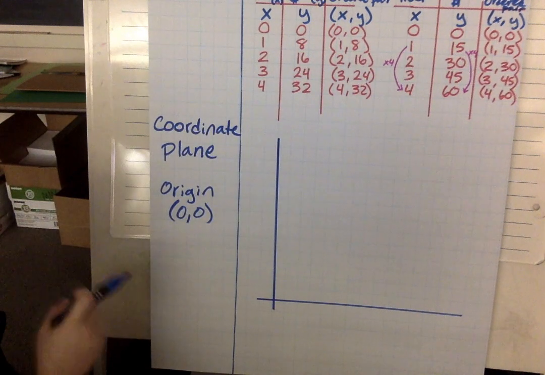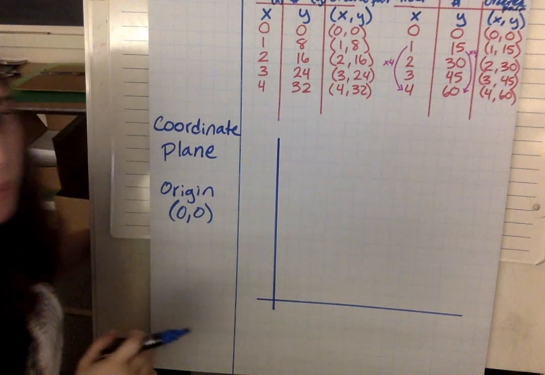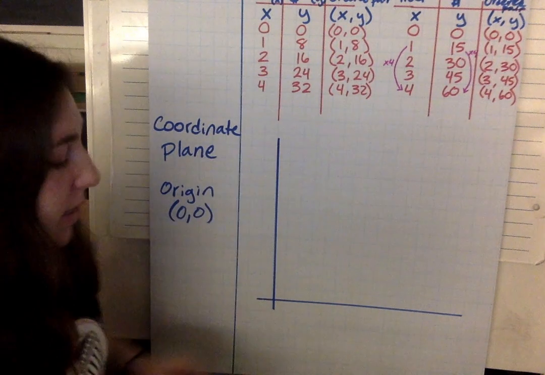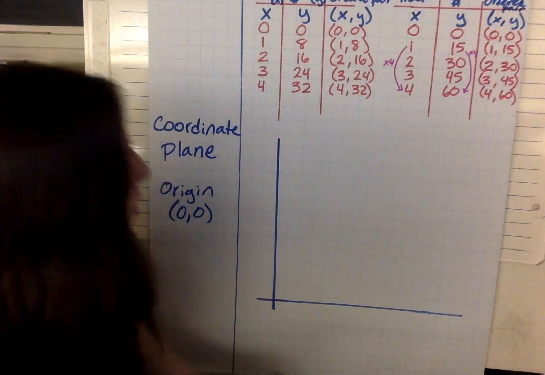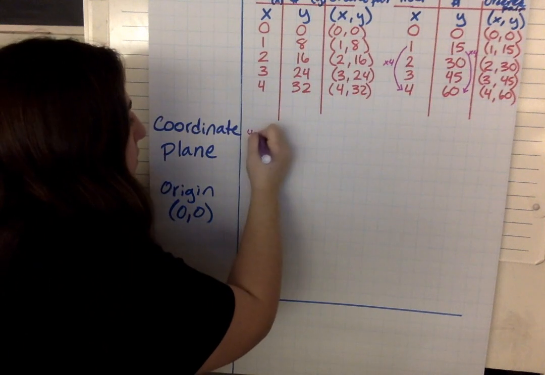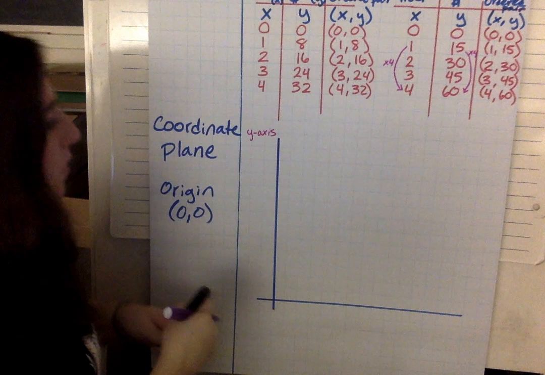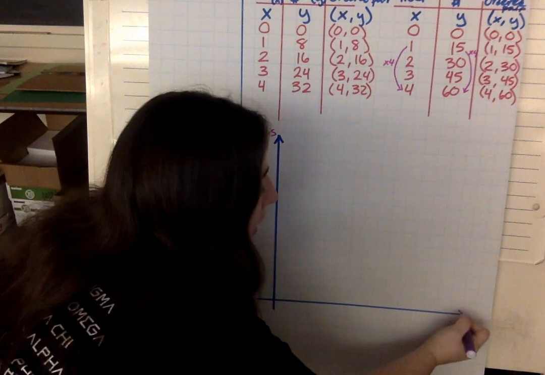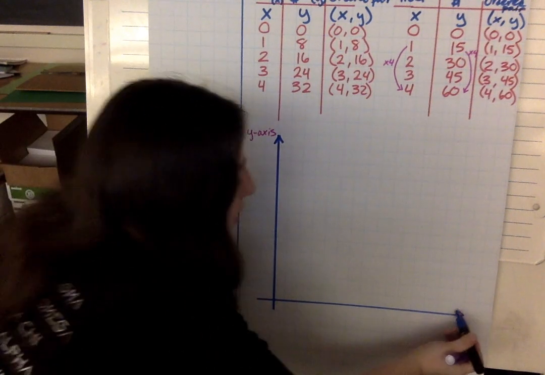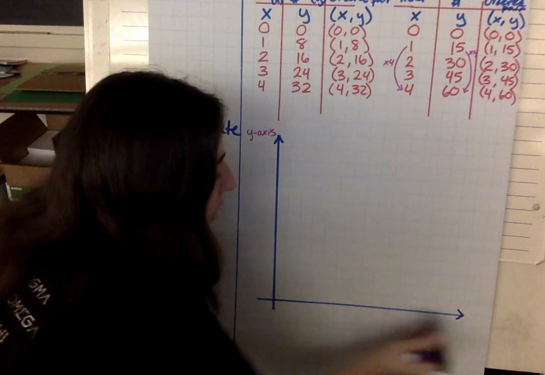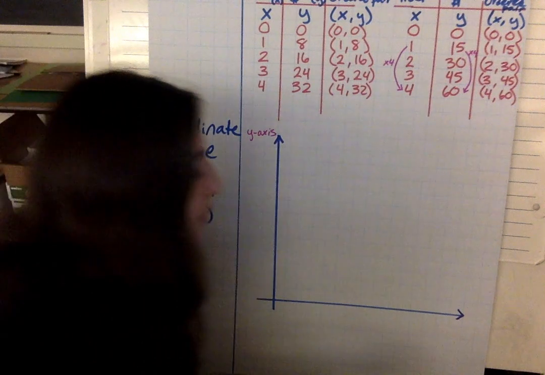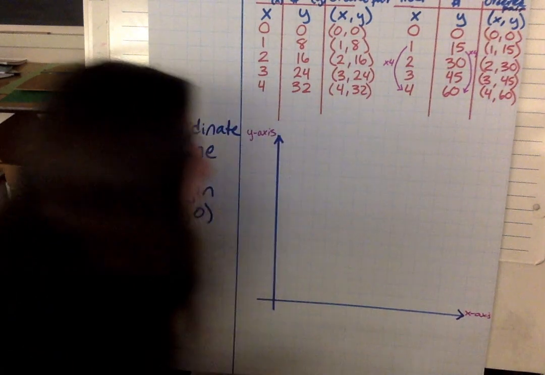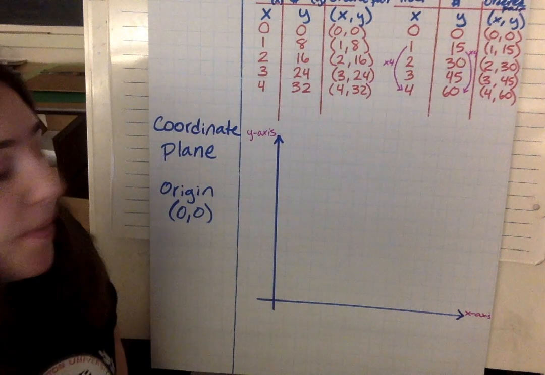Okay, so if you remember from chapter 5, this line right here, this is our y-axis. Okay, so our y-axis is going to be the vertical, and our x-axis, which is this line right here, that's always horizontal. Make sure you label those two axes.